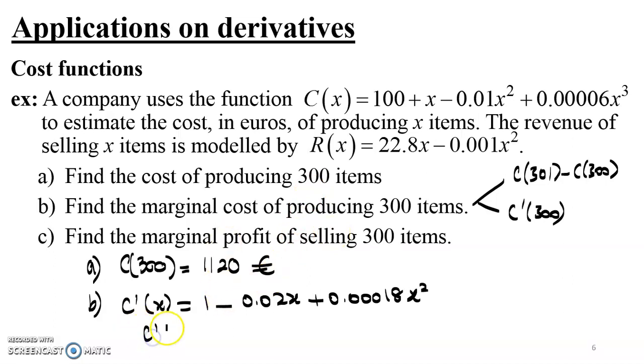Now C prime of 300, replacing x by 300 in the derivative function, would give me 11.2 euros. So the cost of producing an extra item more than the 300 I've already produced would cost me 11.2 euros.